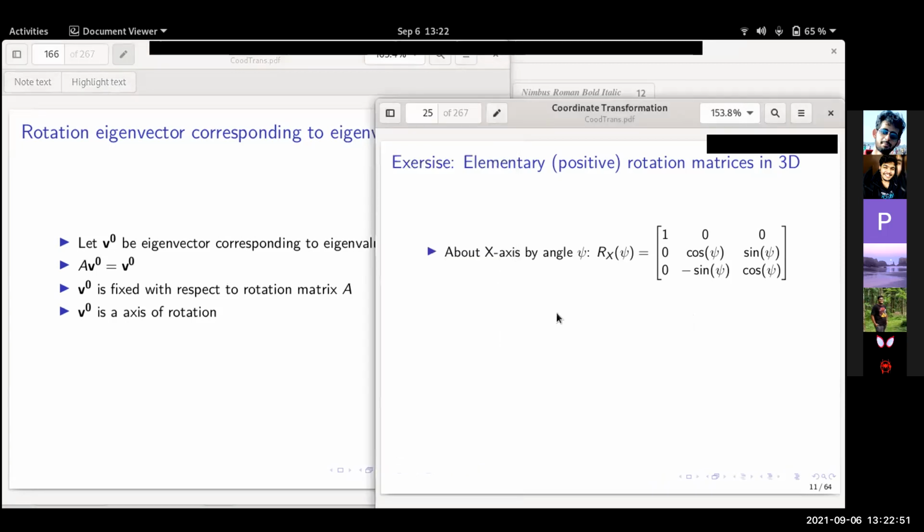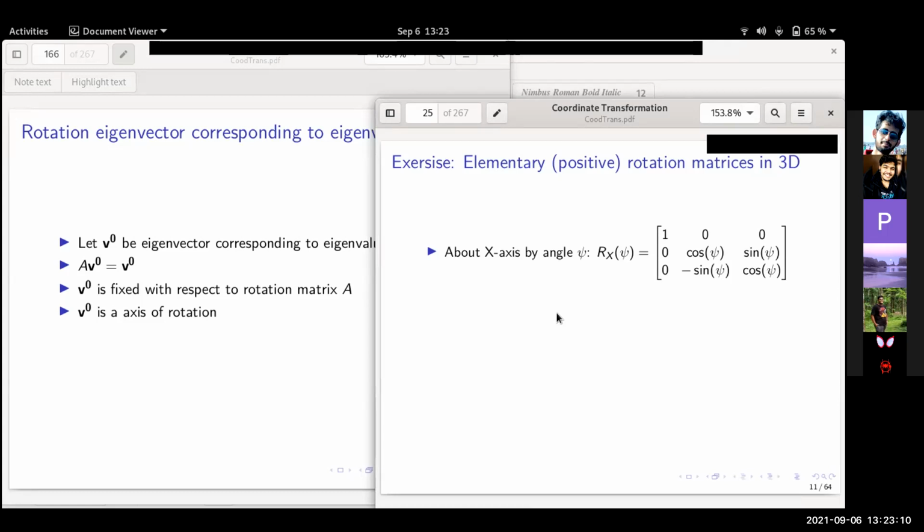Now you make one more observation. If you come back to this x-axis rotation, if you have a vector in the yz plane, after rotation, will it come out of this plane? No, sir.